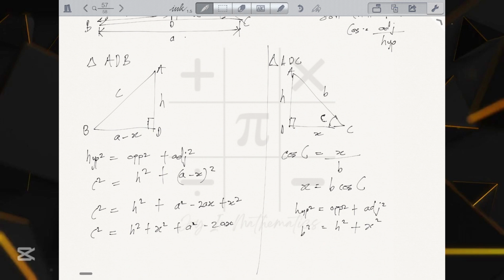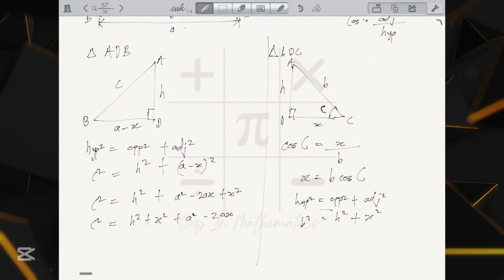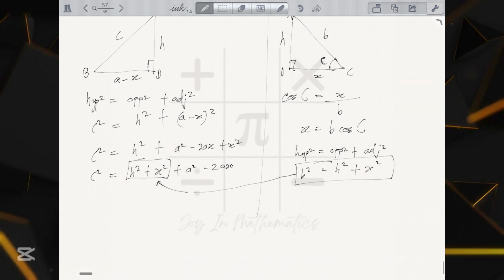Now we can see the expression b squared is equal to h squared plus x squared, so we can make the substitution here. Therefore c squared is equal to b squared plus a squared minus 2ax. Now let's rearrange: c squared is equal to a squared plus b squared minus 2ax.